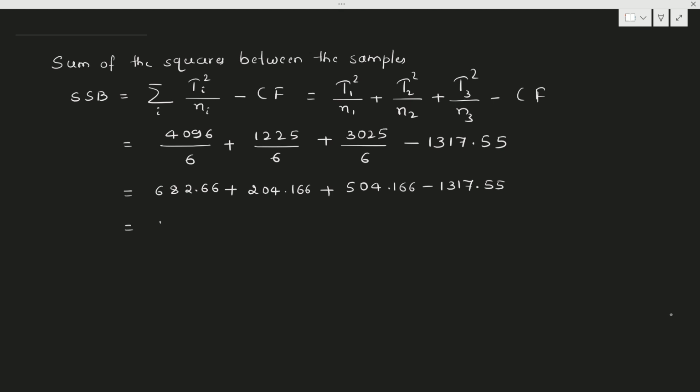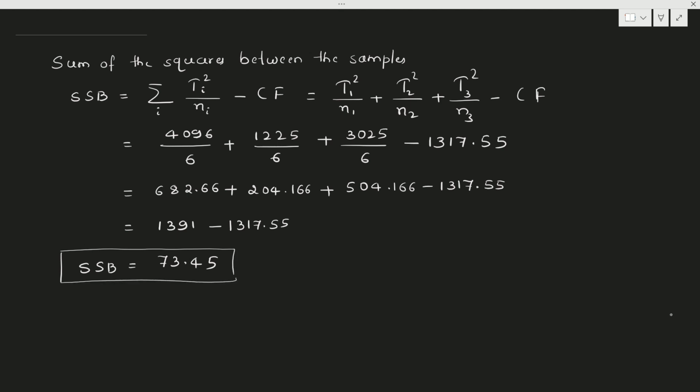Adding all this, we get 1391 minus 1317.55. Therefore, SSB, the sum of the squares between the samples, is equal to 73.45.